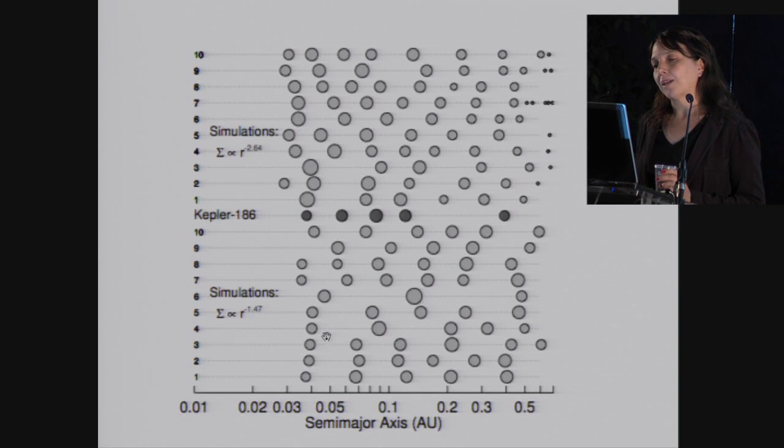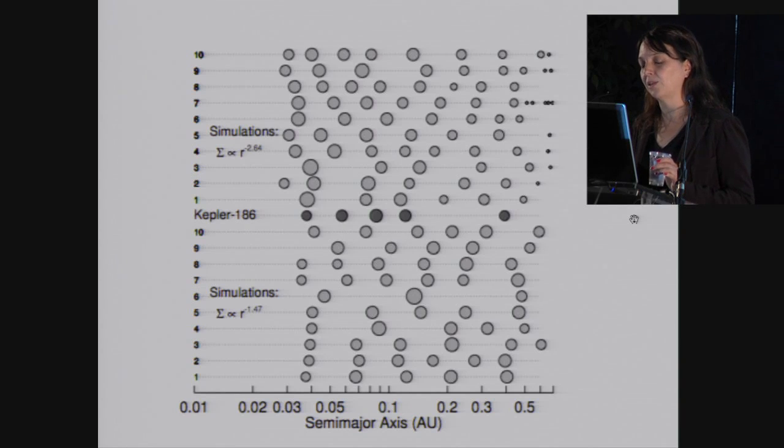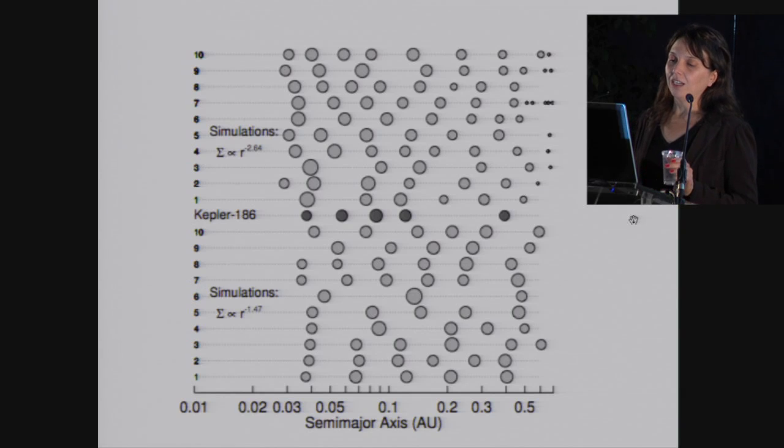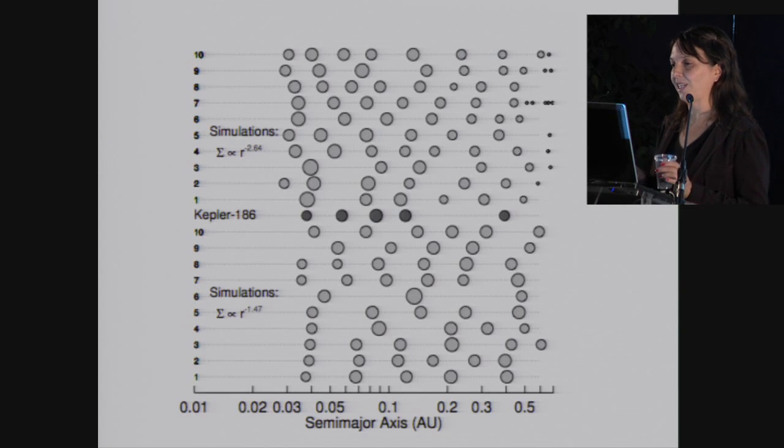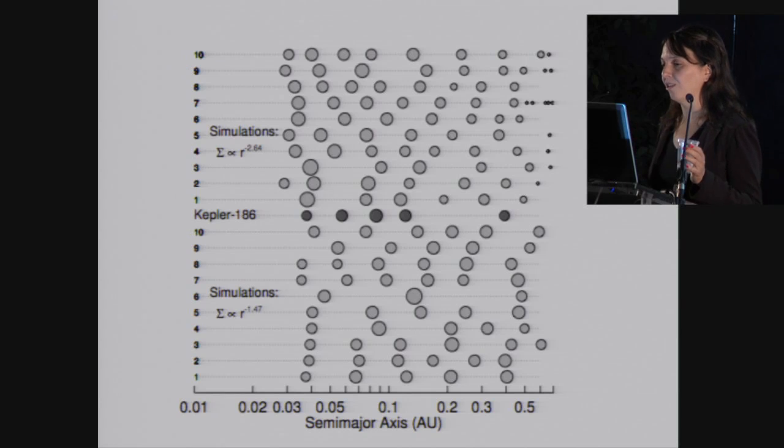Here are 2 sets of simulations that we did. The top shows 10 simulations from one disk, and the bottom shows 10 simulations from a second disk, and then you have Kepler 186 in the middle. With a steeper profile, we were able to form planets roughly similar in size to the Kepler 186 planets, but we would form too many.